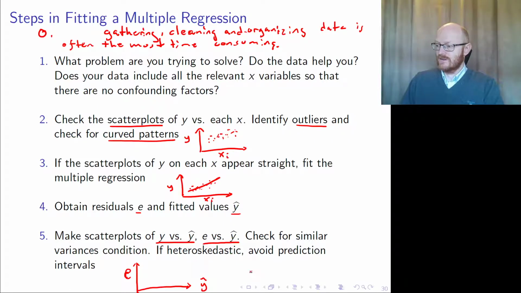Like y versus y hat should be upward sloping. They should ideally be on a line, whereas the error on y hat should really be focused on 0, and the variance should appear constant.